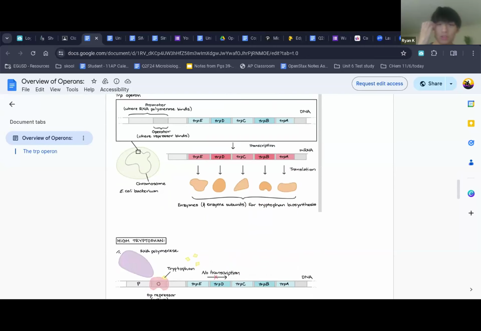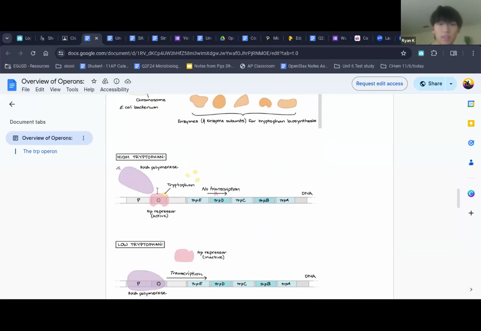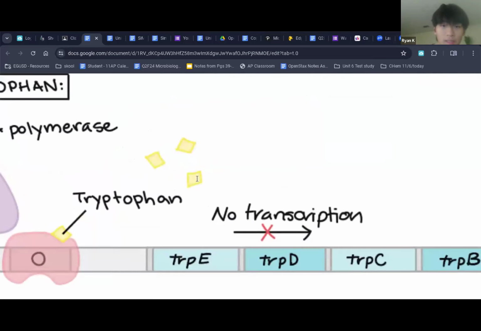Okay, so TRP makes tryptophan, and if there's a large amount of tryptophan in your system, your brake, your repressor would block. Okay, so this is the tryptophan. This is the enzyme, actually amino acid. This is a protein, right? Yeah, because it comes from TRP.